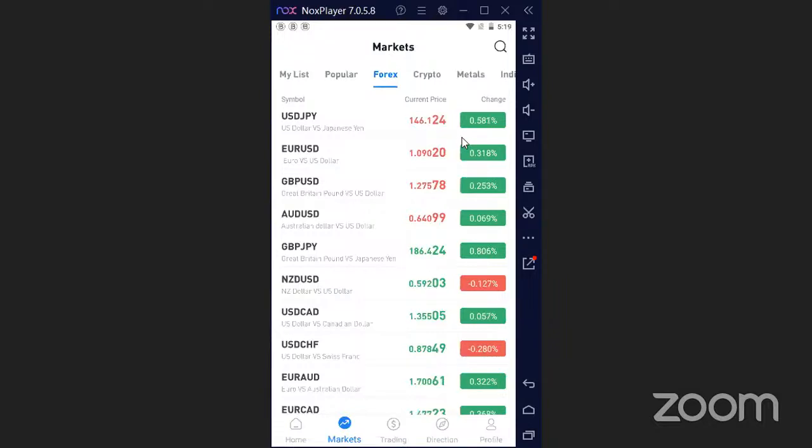Now look at this. We have 1.09020. I want you to take note that the fourth digit after the decimal point is always the pip. Take for example 1.09027 here.